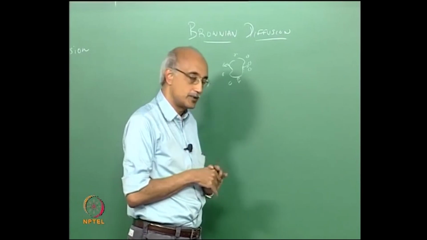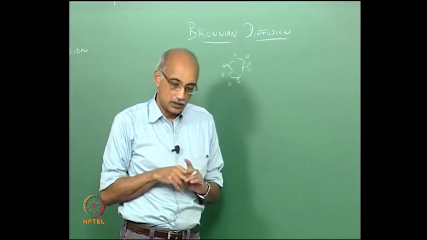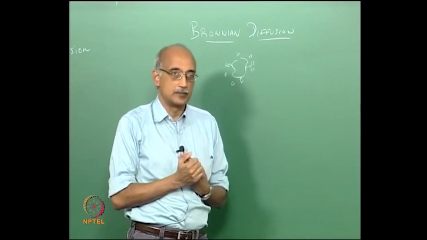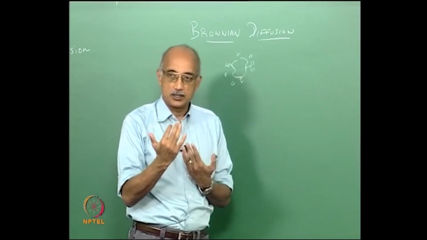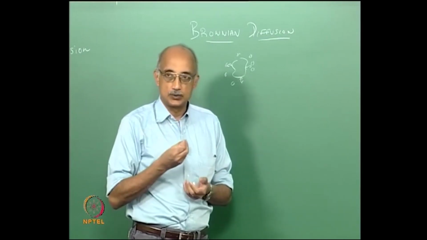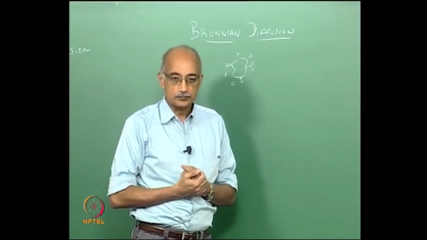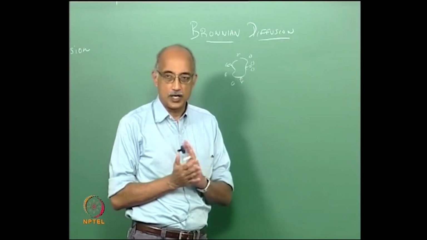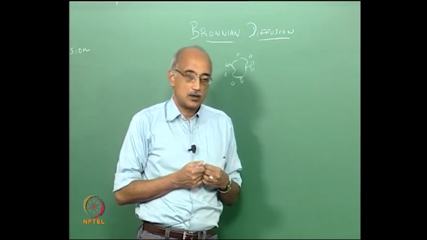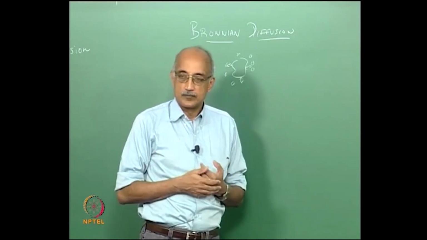So, if there is a preferential direction in which more collisions happen, and so that transfer of momentum happens to a larger extent in one direction compared to the others, the particle will have a tendency to move in that direction. It is still a random walk phenomenon because the collisions that are happening are essentially stochastic in nature.